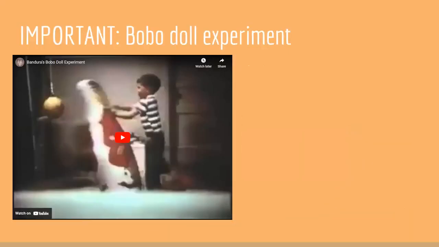Okay, so Bobo doll experiment. This was pretty much what essentially started this study of observational learning. So Bandura, who was the one that did this experiment, he just wanted to see if these kids would copy what the teacher was doing.